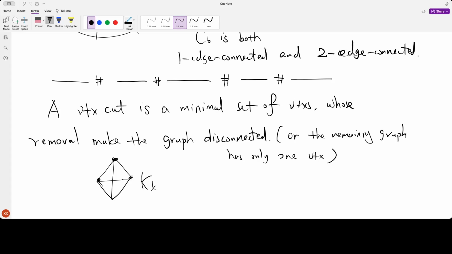But you have to stop at some point. By definition, when the graph has only one vertex left, you stop. And in this case, you still call the 3 vertices you deleted a vertex cut.